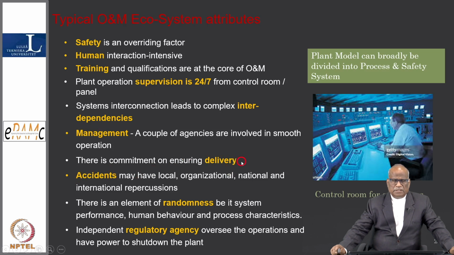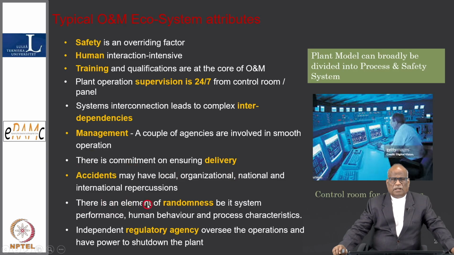In a power station, electrical power output is the deliverable. In a chemical plant, chemicals are the output. Take the system in an oil industry: it is the delivery of oil on time. Deliveries are so important, but safety should not be compromised.